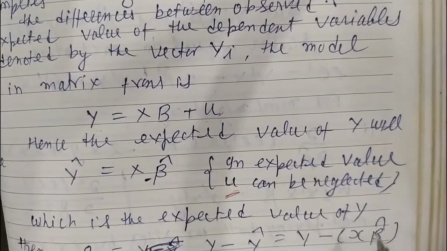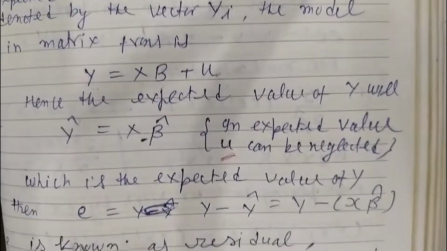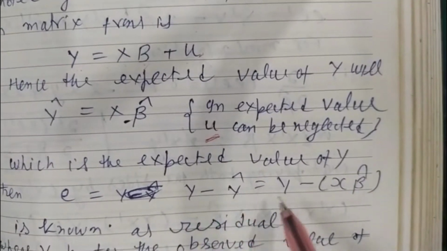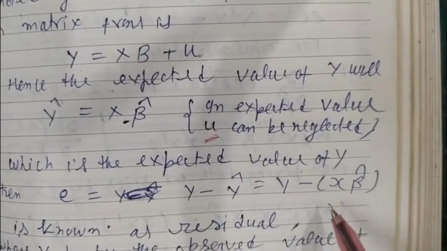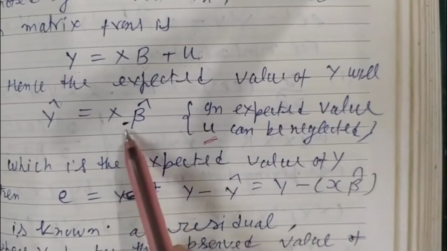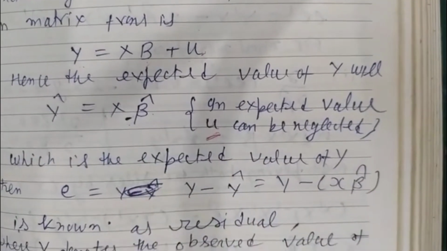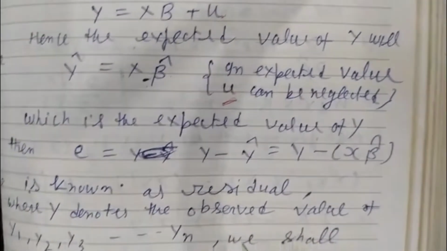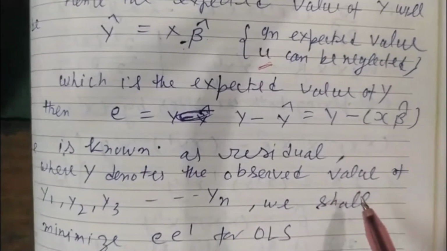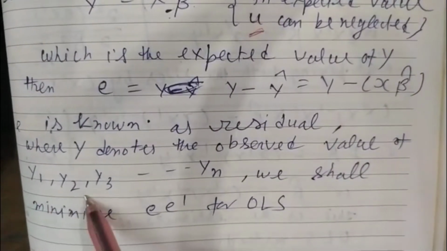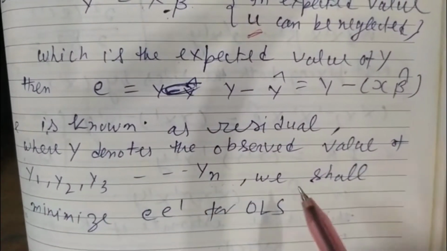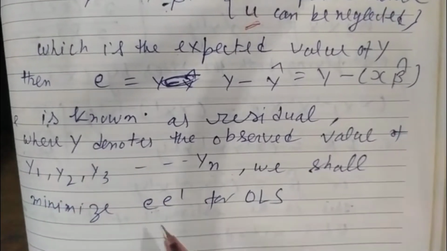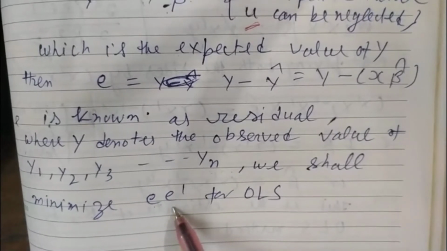The residual e is equal to y minus estimated y, and we know estimated y is x estimated beta. E is known as the residual, where y denotes the observed values y1, y2, y3 up to yn. We shall minimize E transpose E.